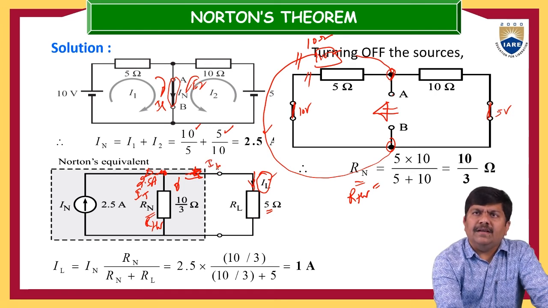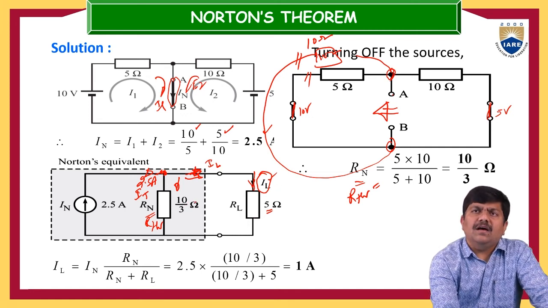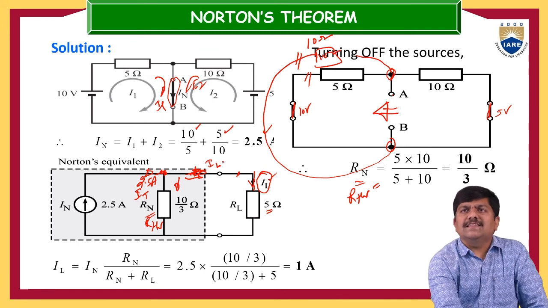So IL equals total current into opposite side resistance divided by the total resistance. Total resistance means the sum of the resistances of the two branches. Don't take this as again in parallel to this. It is not like that. In whichever branch you are interested to calculate the current, my interest is the current here, so this is the IL current.